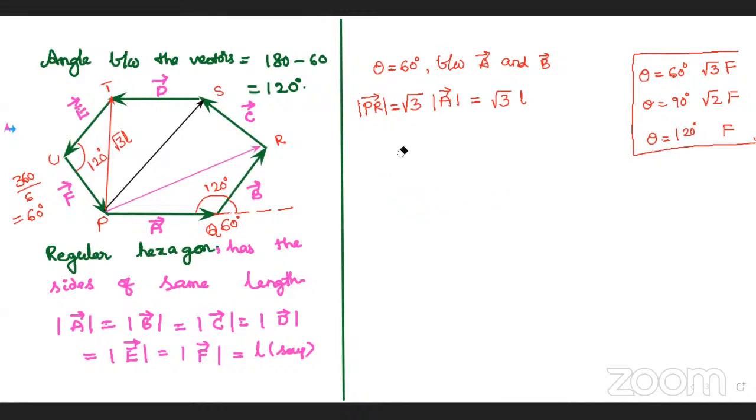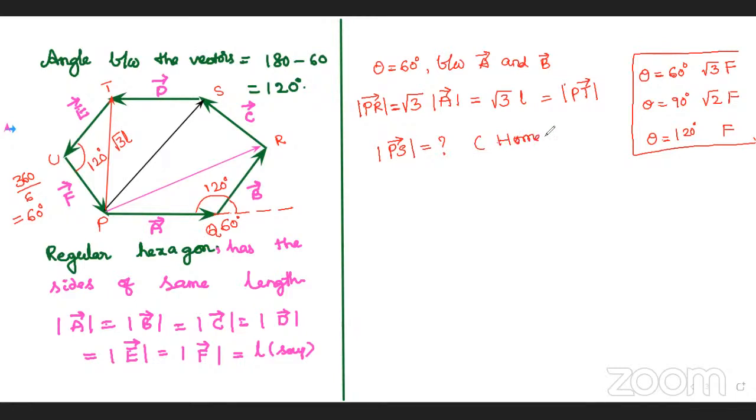Already I found the magnitude root 3 L for PT bar. Now PS bar has a magnitude equal to how much? This is homework.